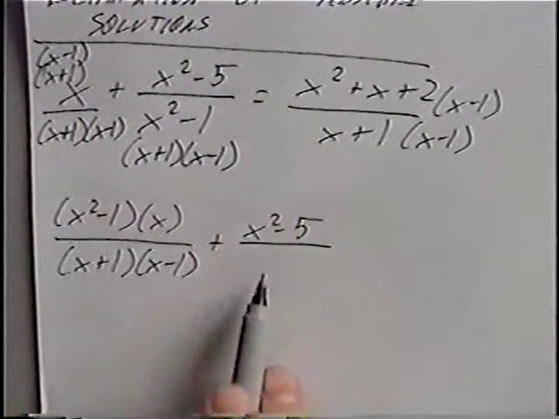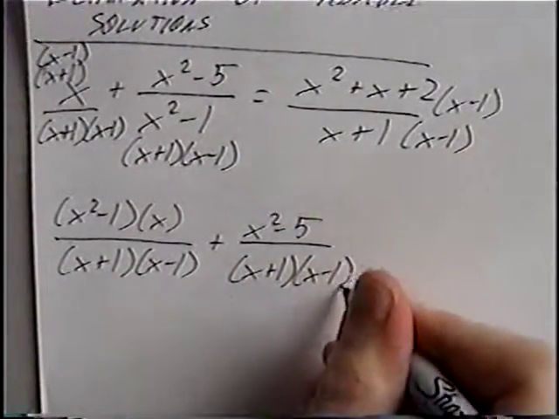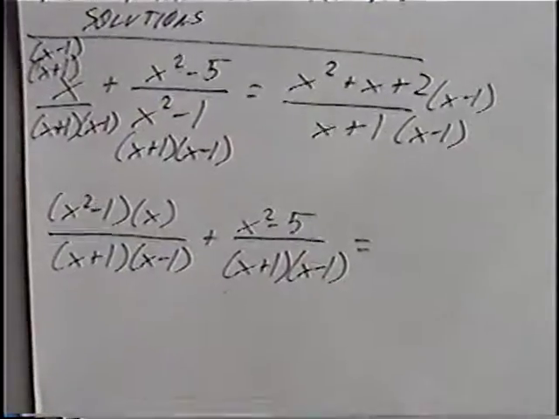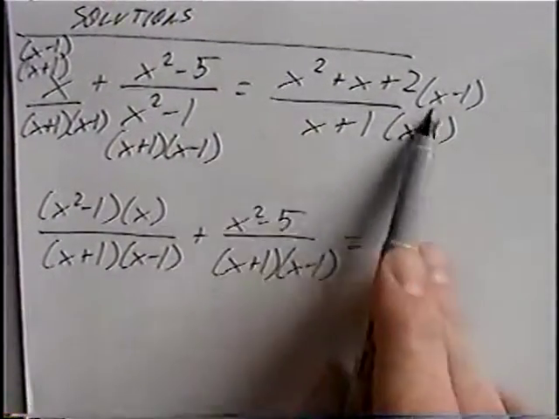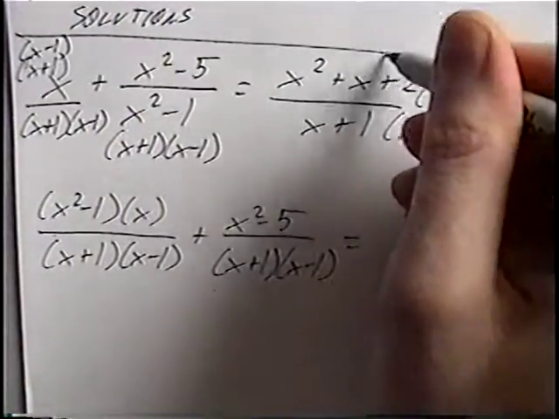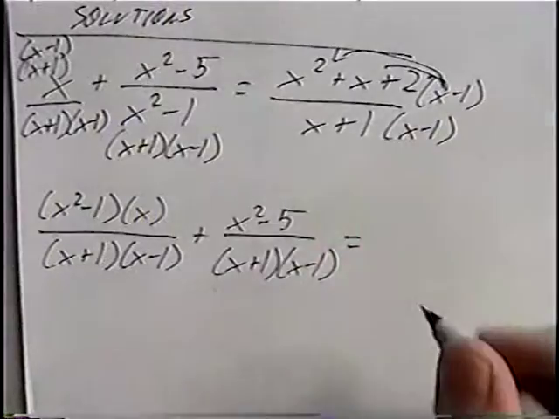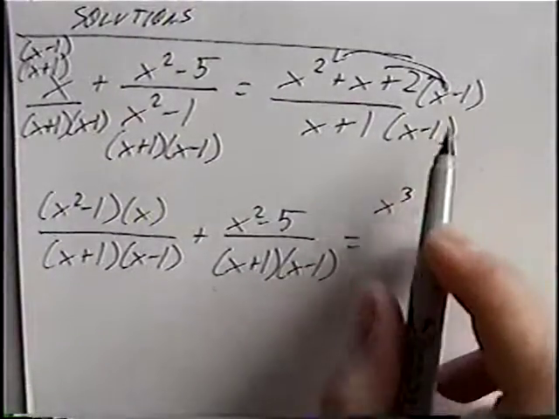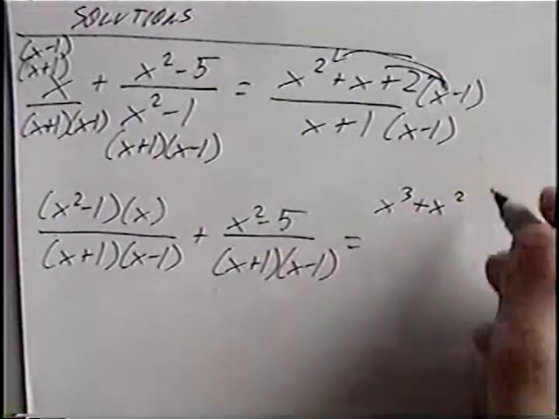We'll leave the denominator in factored form, (x plus 1)(x minus 1). And the third fraction, we can begin to multiply this out. This x will be distributed to each of these terms, which would be x times x squared, x times x, and x times 2.